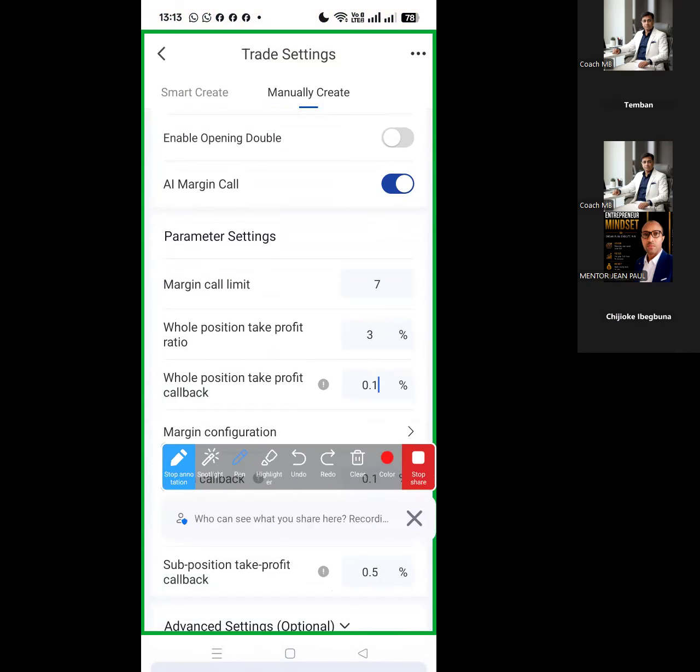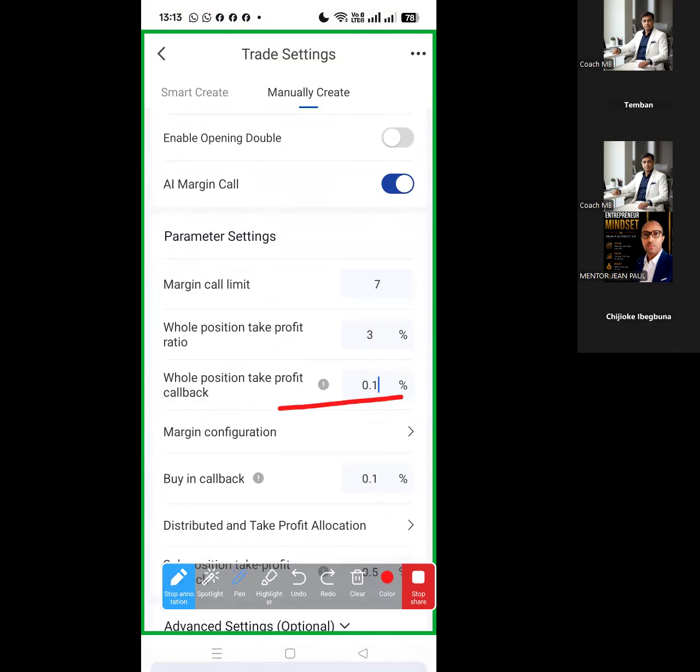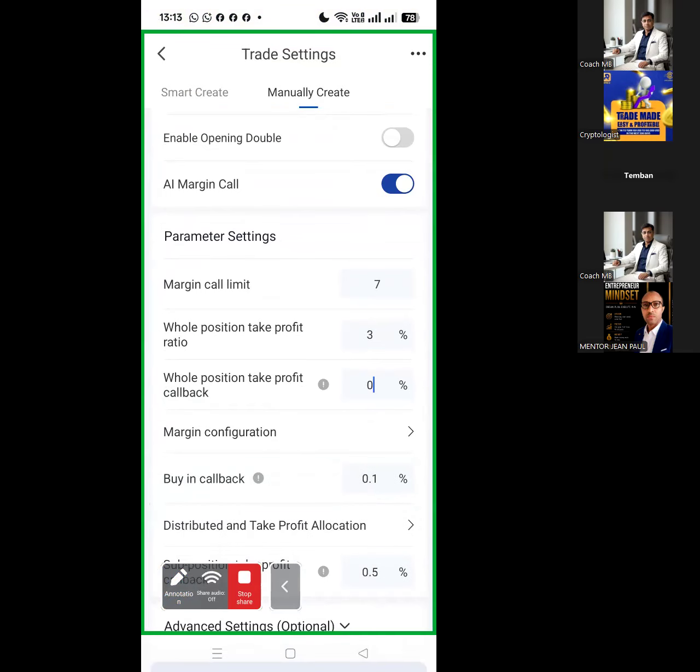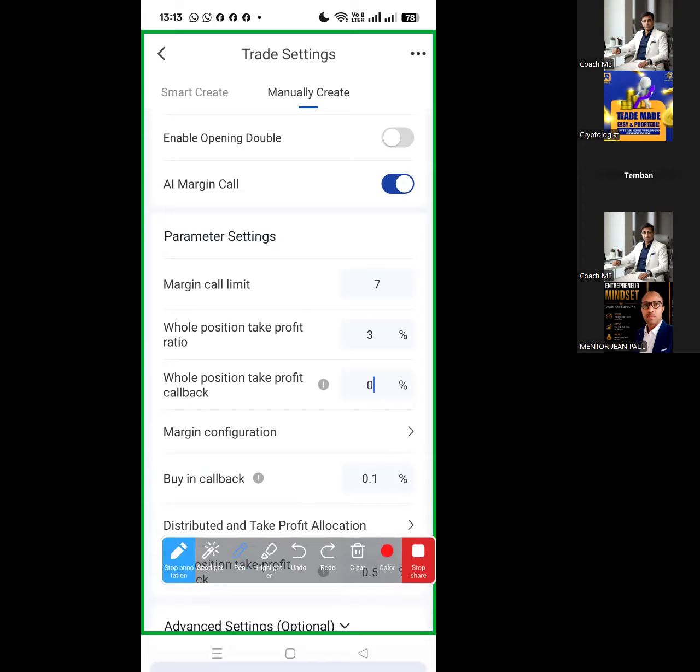What happens here? If you put a zero here or leave it blank, it is like saying don't use this callback function. After it has reached this 3% profit, suppose it starts from here and here is the 3% price, it will sell immediately.